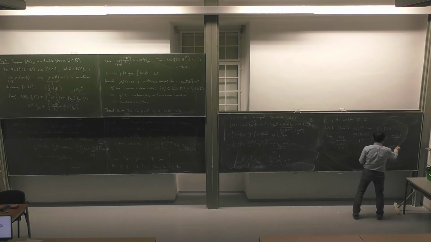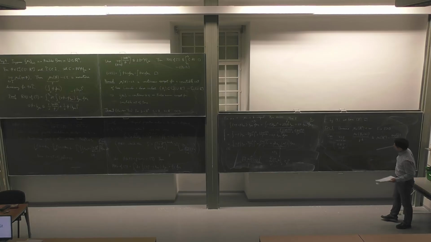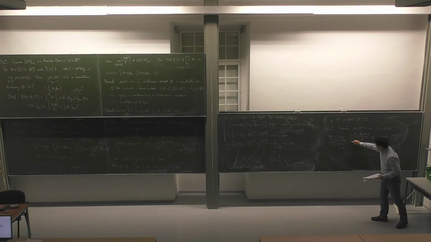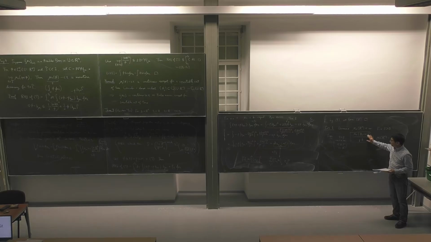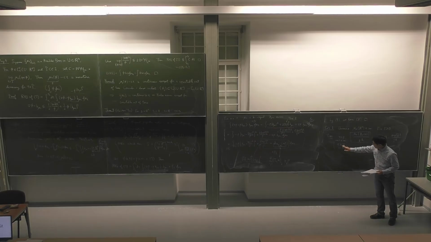Okay, this holds. So what this is saying is this quantity, T is not close to 0, but at least away from 0 by delta square.